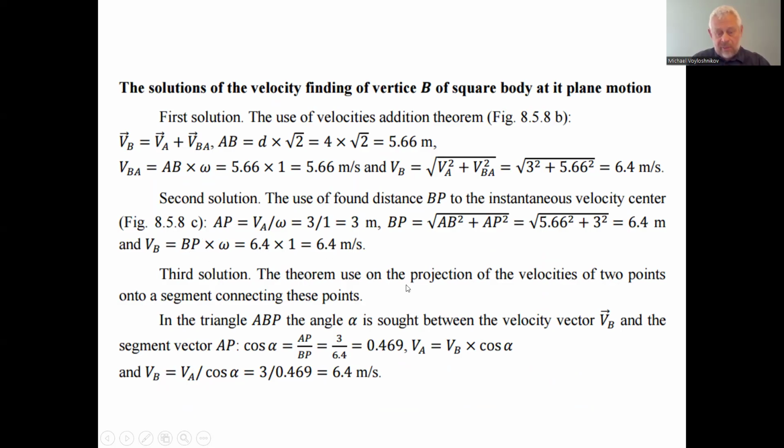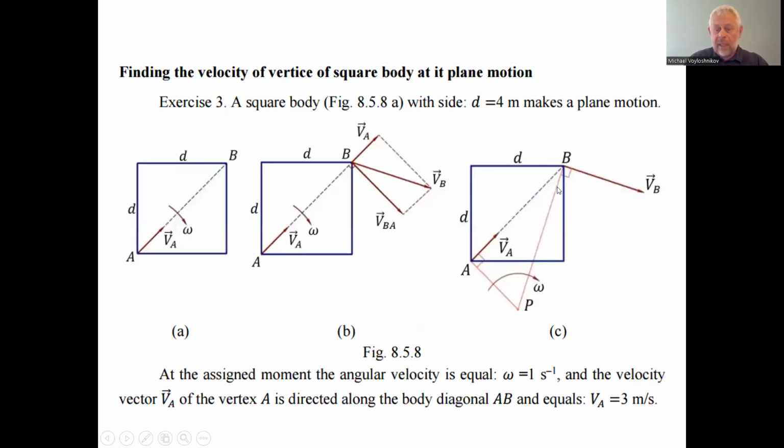Third solution, the use of the theorem on the projections of velocities of two points onto the segment connecting these points. We have the velocity VA and the velocity of the point B, and the projection of VB. So this horizontal is VA.